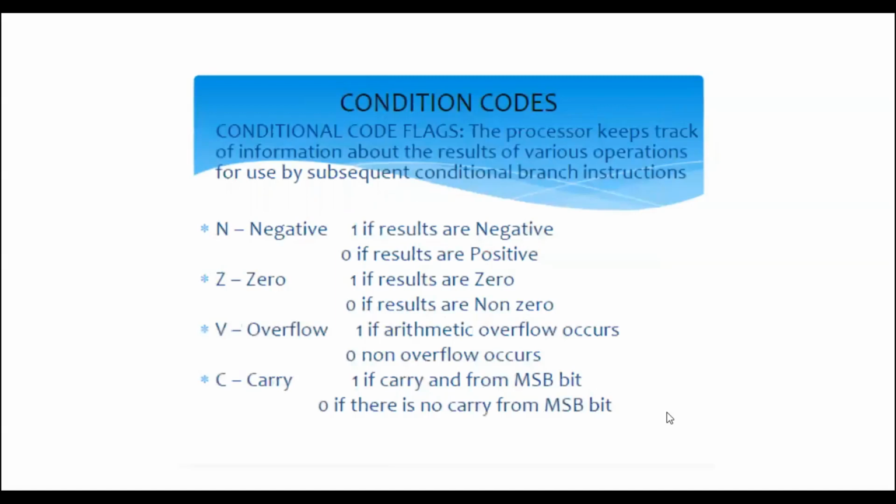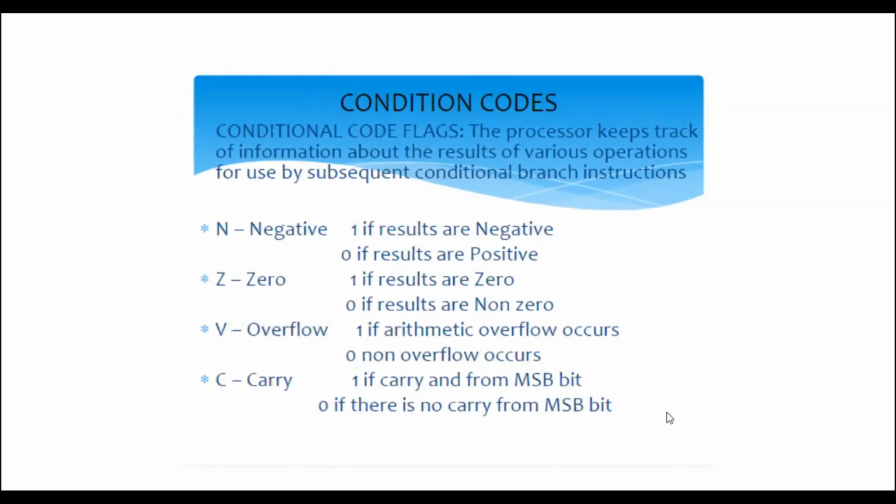The condition codes. The condition code flags: the processor keeps track of information about the results of various operations for use by subsequent conditional branch instructions.